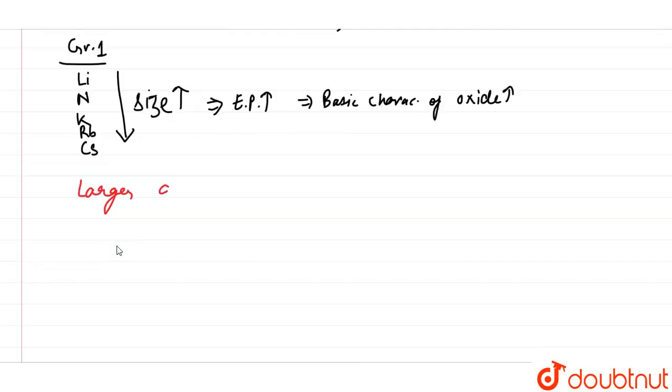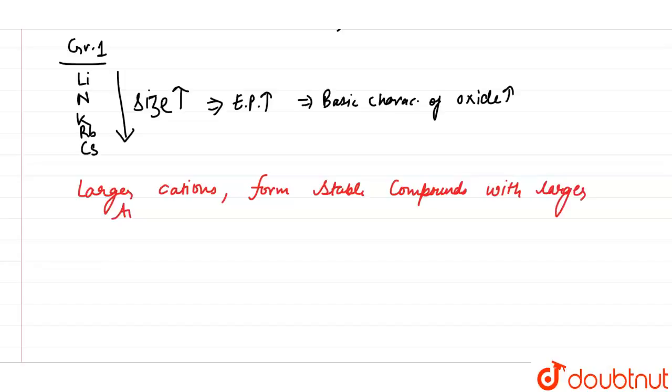Larger cations form stable compounds with larger anions. Right. So as we know that the structure of peroxide ion is like this.